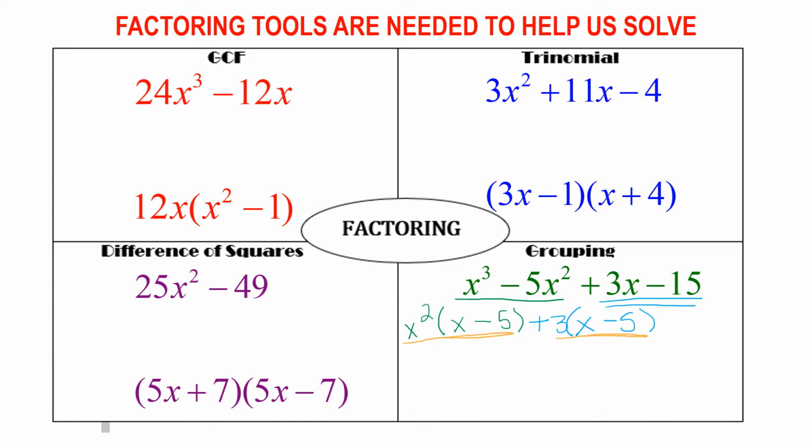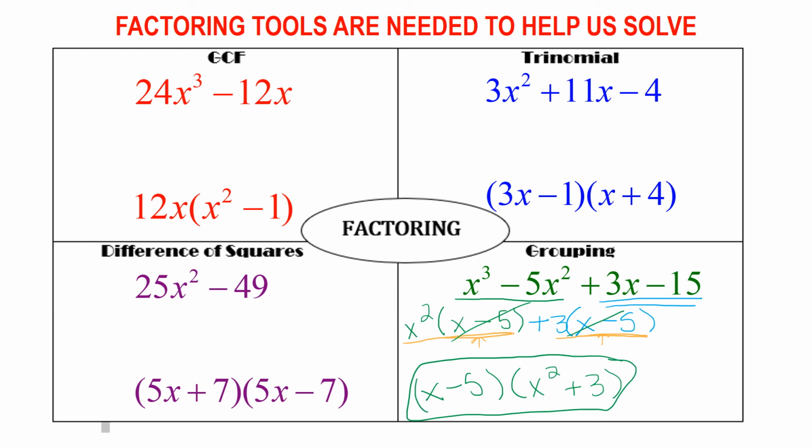So of those two terms, what they have in common is that x minus 5. So let's distribute that out or take it out. And then all we're left with is another set of parentheses that's going to be multiplied, which is x squared plus 3. So that's my final answer for factoring by grouping.